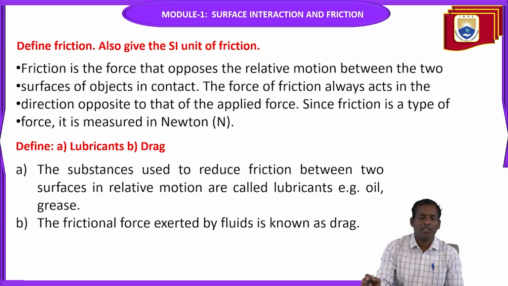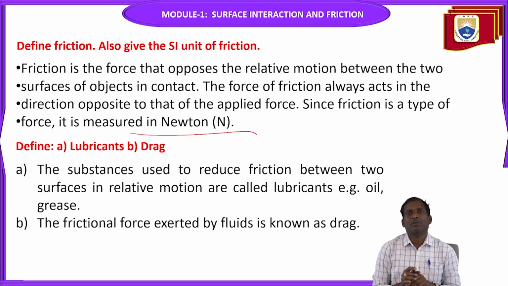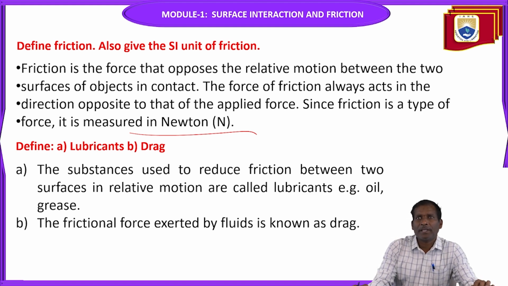The SI unit of friction is newtons. Friction is the force that opposes the relative motion between the two surfaces of objects in contact. We have already discussed this in the first slide. The force of friction always acts in the direction opposite to the applied force.